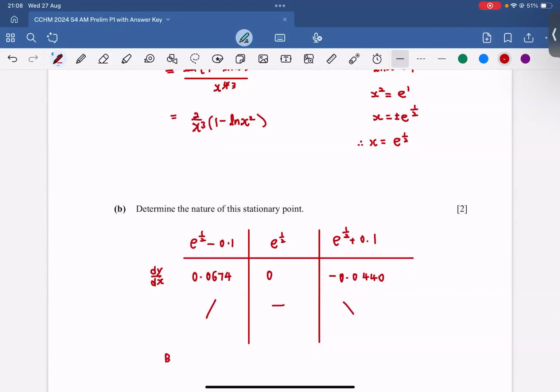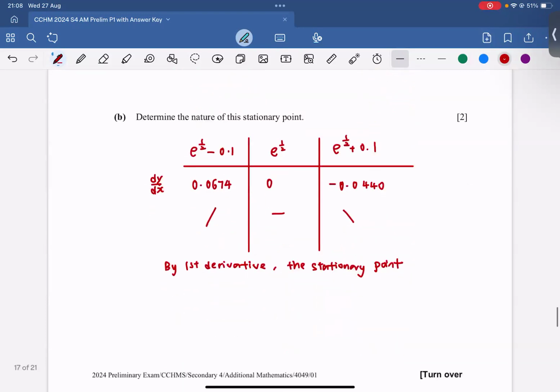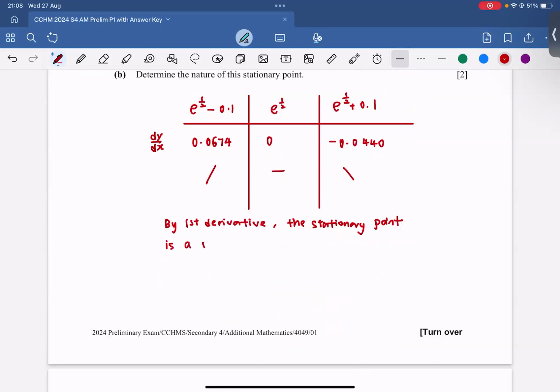So by the first derivative test, the stationary point is a maximum point. I emphasize again, these two values will be small because they are very close to 0, so their gradient will be pretty gentle.